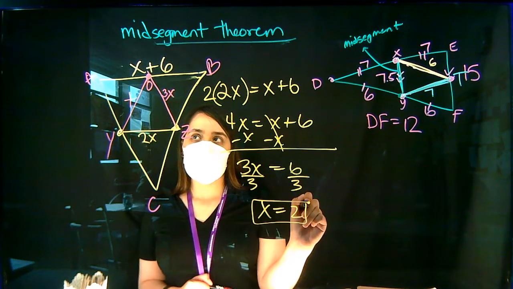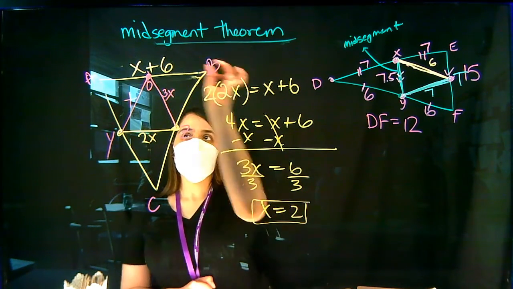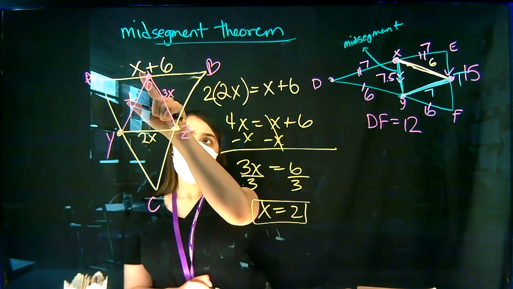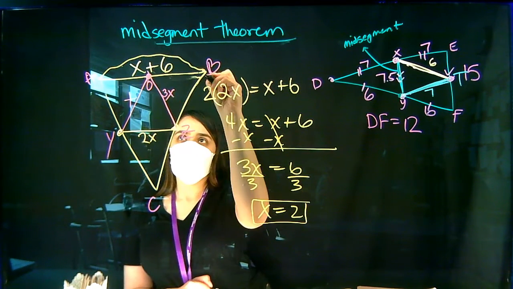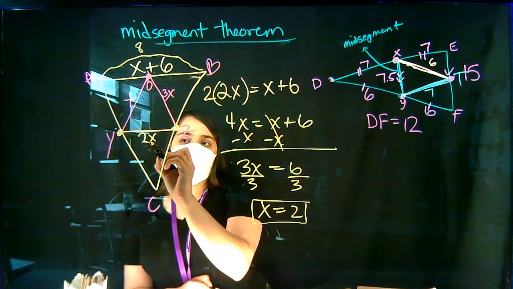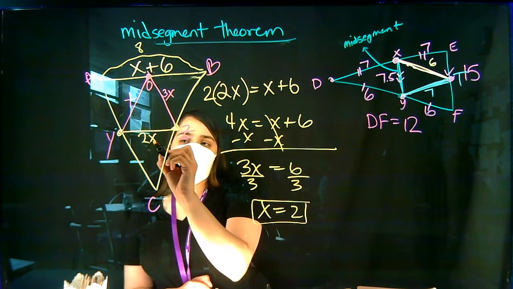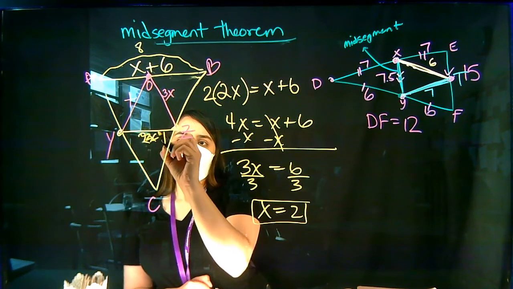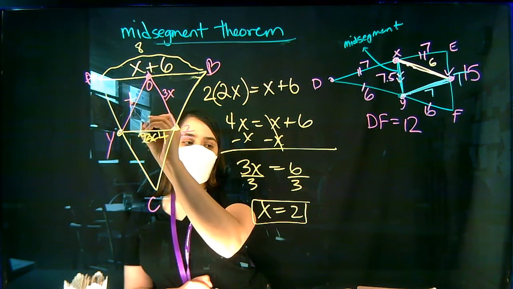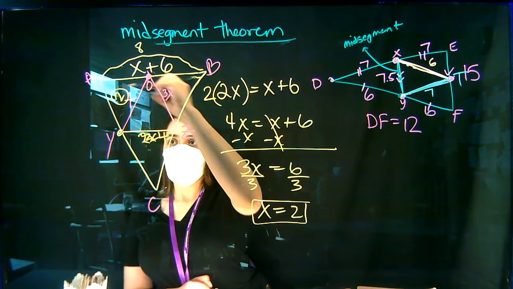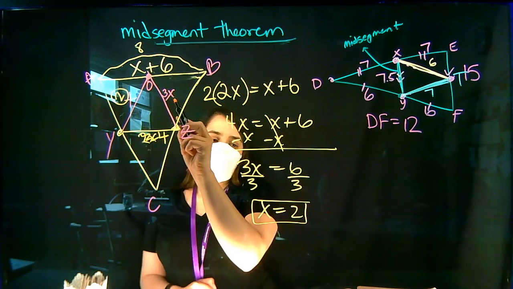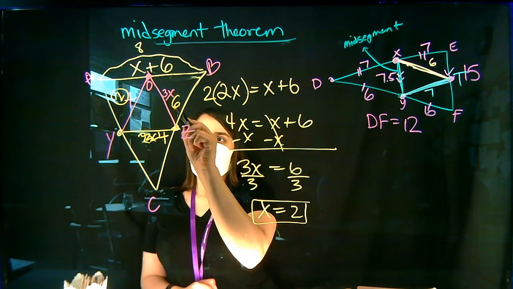Cool. So now that I found what x was, I can find what this is, which is 2 plus 6, and that's 8. So this side is 8. This is 2 x's, which is 4. And this is x, which is 2. And this is 3 x's, which is 6.